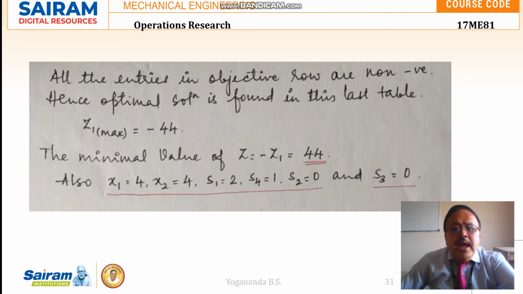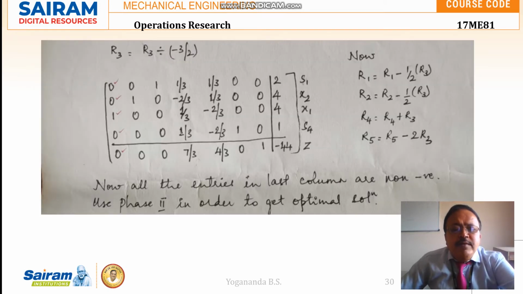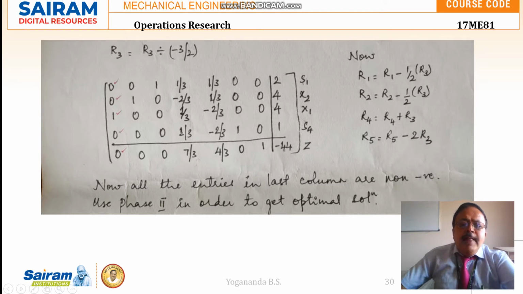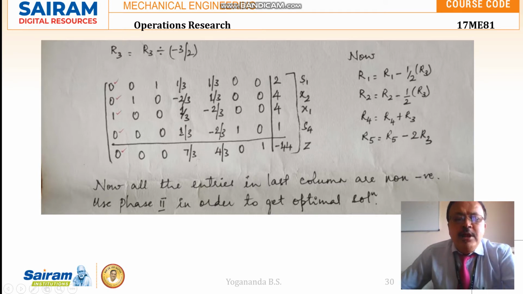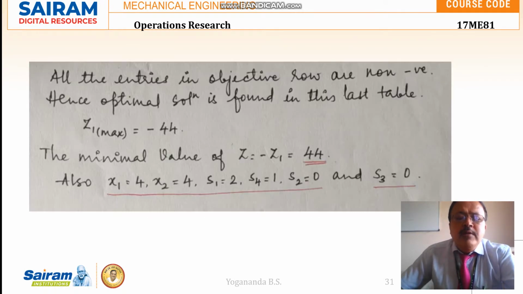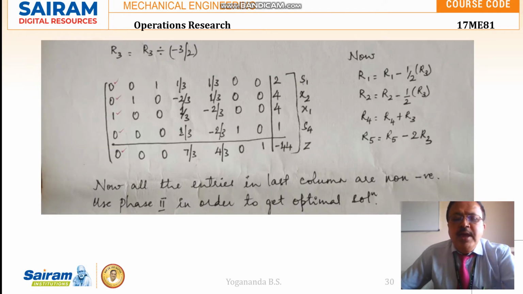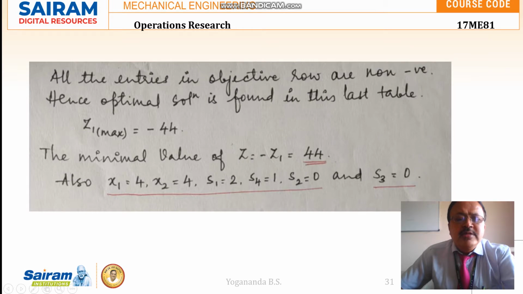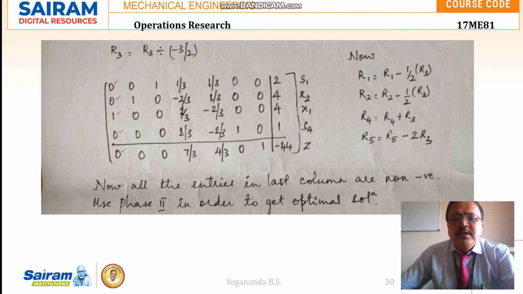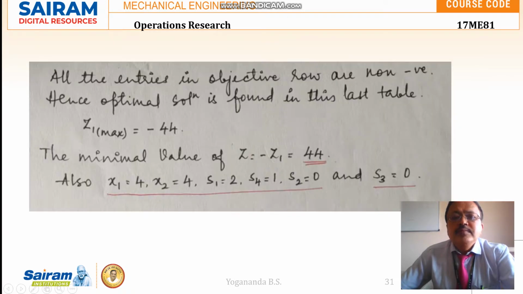If we had any negative entries here, we would have gone for the phase 2 operation as usual to get all the entries in the objective function row as non-negative. But right now we have positive entries only. So we have Z max is minus 44. We'll convert it into the minimal value of Z by taking the negative of Z1, that is 44, with the solutions we have here. Thank you, friends.